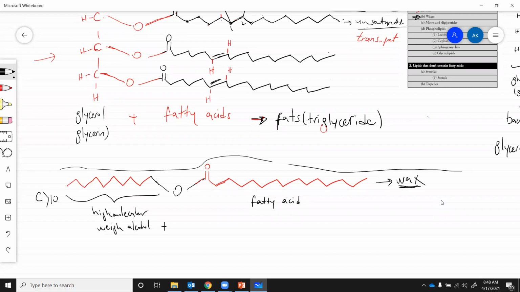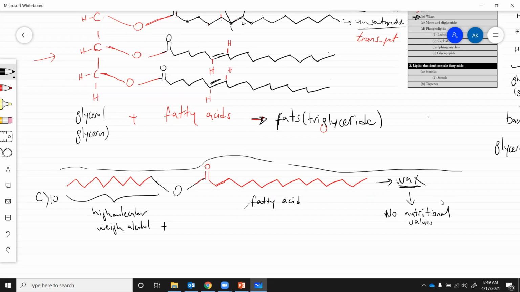All right. The only difference here is that the wax has no nutritional value, okay? Meaning that you can burn fats in order to get some energy, right?